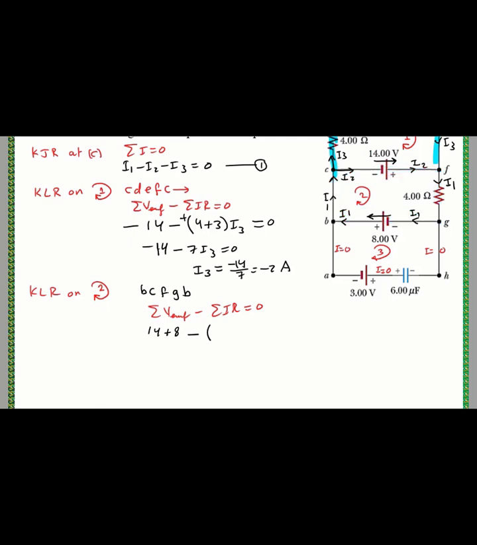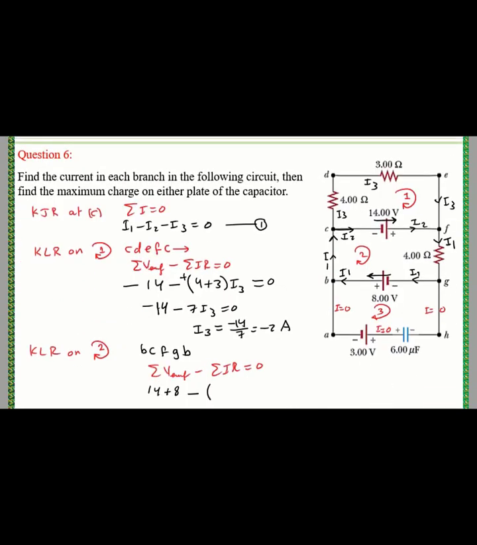Now, let us find the potential drop through the currents. From B to C, there is no resistance. From C to F, also there is no resistance. From F to G, we have a resistance 4 with a current I1 in the same direction of analyzing, so it is positive. From G to B, there is no resistance.